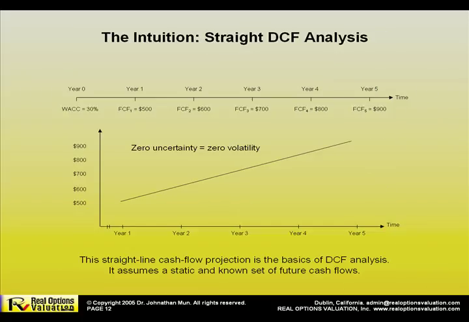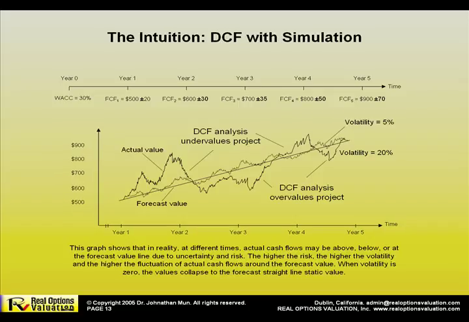Now here's a quick intuition of straight line DCF analysis. You're making an assumption of year 1, 2, 3, 4, 5, whatever the values are, cash flows, and you would draw this straight line, whether it's jagged or sloping down, upwards, and so forth. And this is assuming zero uncertainty, zero volatility, a single point estimate is sufficient. The next slide shows the uncertainty in the projected values.